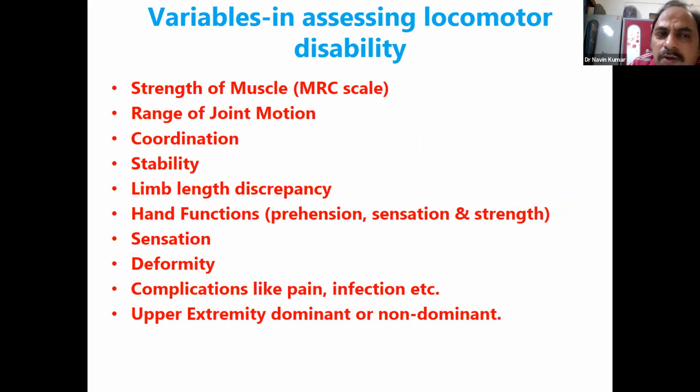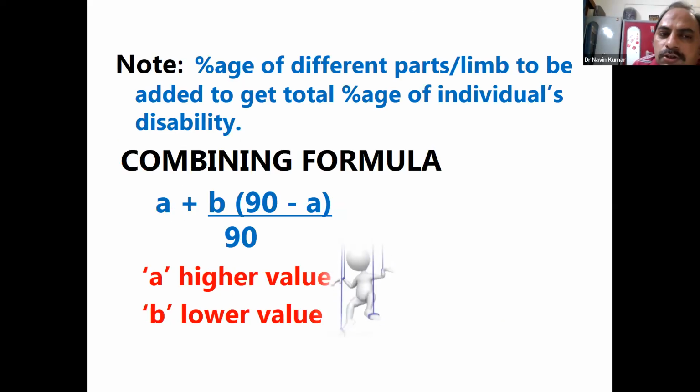When we assess locomotor disability, these are the variables we should look at: strength of muscle, range of motion, coordination, stability, limb length discrepancy, hand functions, sensation, deformity, and complications if there are any, like pain, infection, etc., and whether the upper extremity is dominant or non-dominant. And this formula we should always keep in mind. Different parts, different types of disability have to be added by this formula. This formula can be used multiple times.